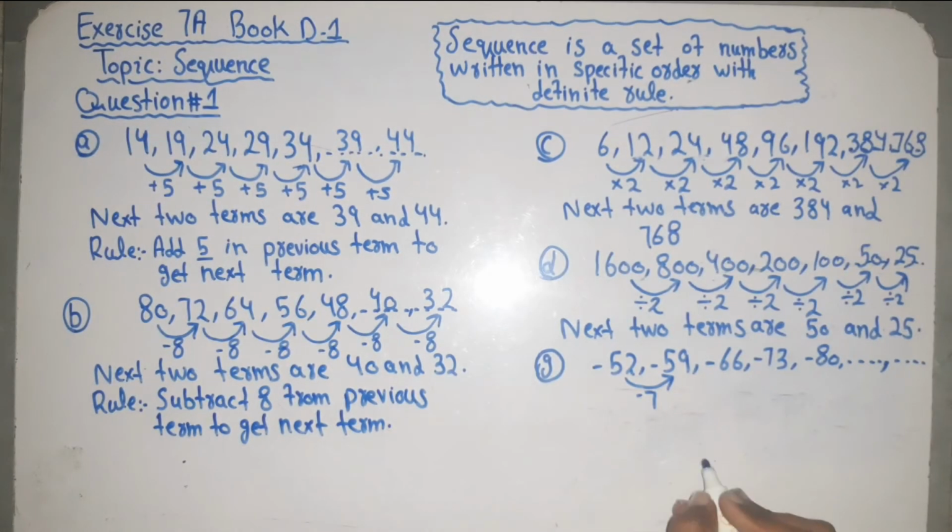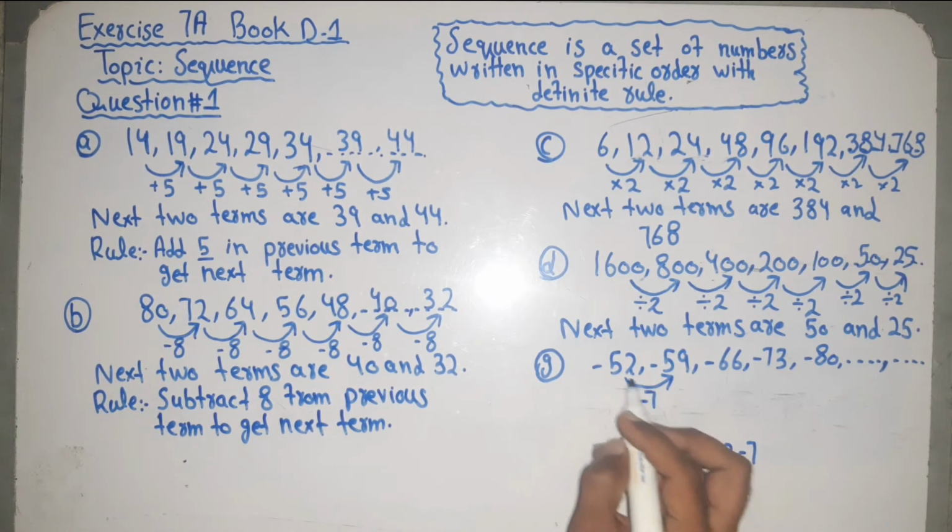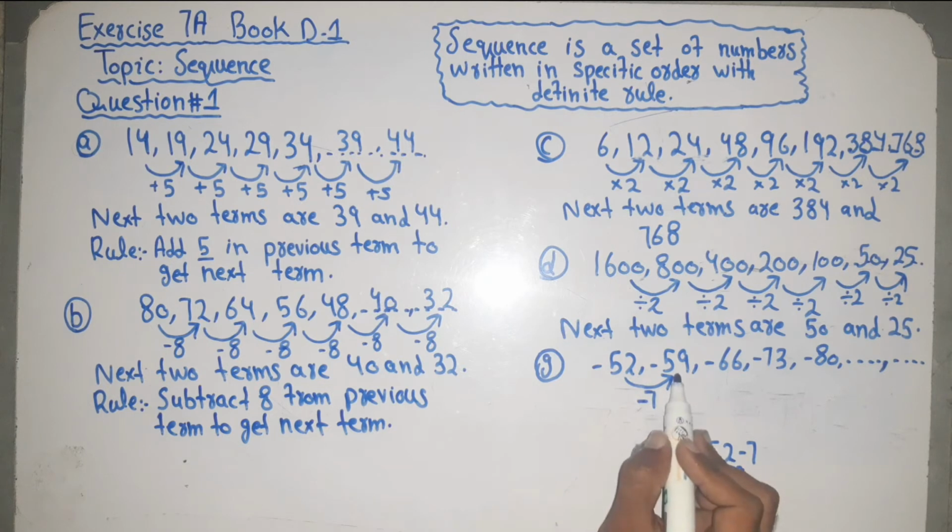Okay, so I am writing -52 and then -7. Minus plus, and thus we will use the sign of greater number. ठीक है, 7 plus 2 is 9, and this will be -59.